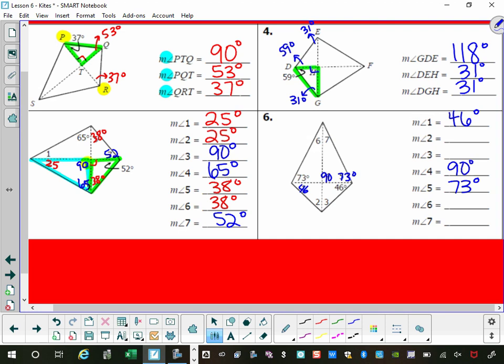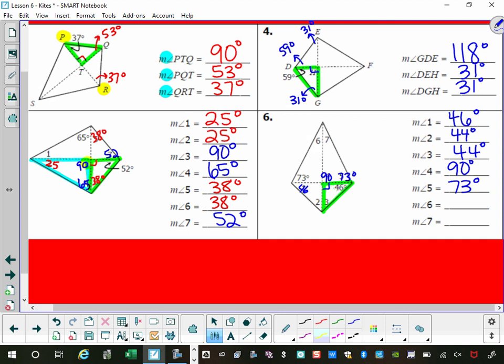Split it up as if it is a triangle. 44 you said? So if you do 180 minus 90 minus 46, you should get 44. So that means that angle 2 is also what? 44 degrees.